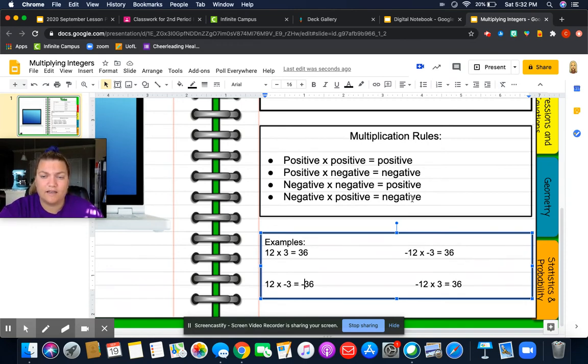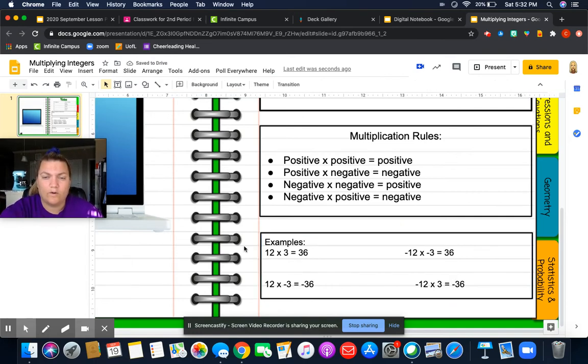Negative times a negative is a positive, so we can leave that one as positive 36. And here we have a negative 12 times positive 3 is 36. Negative times a positive gives us a negative. So the 4 different representations, here we should have a positive, negative, positive, negative. We do. So you guys just need to make sure you are following those 4 multiplication rules.